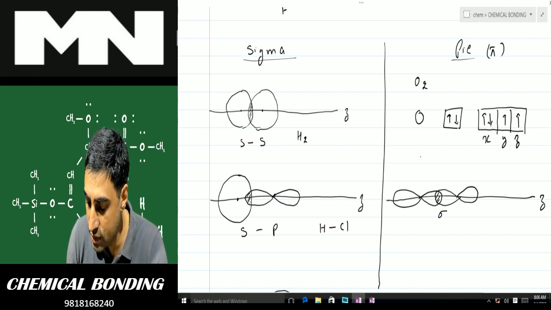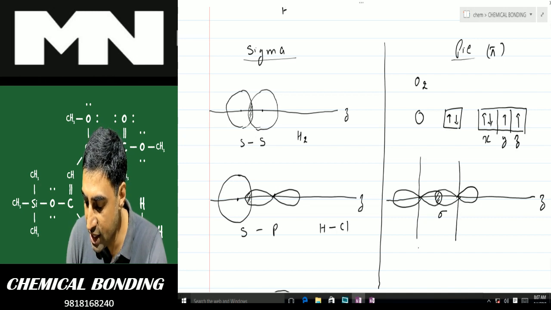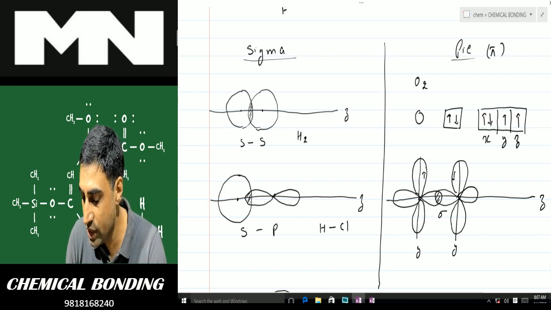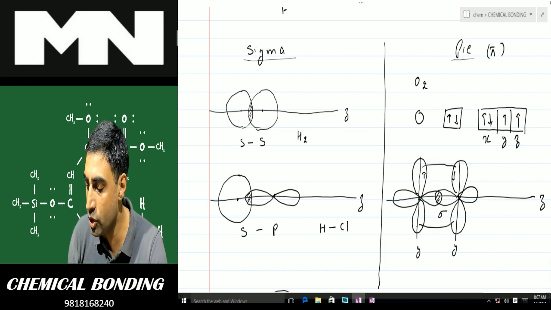But if we have a look at the y-axis, suppose this is the y-axis. If we have a look at this y-axis, the y-axis of both the oxygens, they have got an unpaired electron. So on this py orbital, you'll have an unpaired electron. And these p orbitals on the y-axis, they will overlap sideways to form a pi bond.